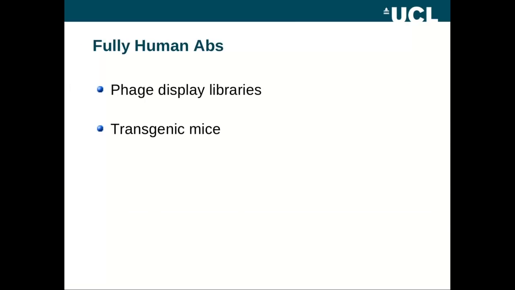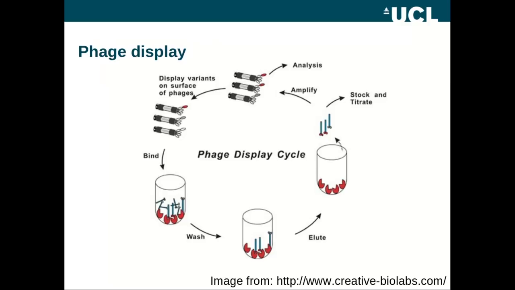Just for the last few minutes, I'm going to talk about a couple of methods that can be used to produce fully human antibodies. The first of these is phage display libraries. And this is the area in which in 2018 Greg Winter and George P. Smith shared half of the Nobel Prize for their work in developing this technique.